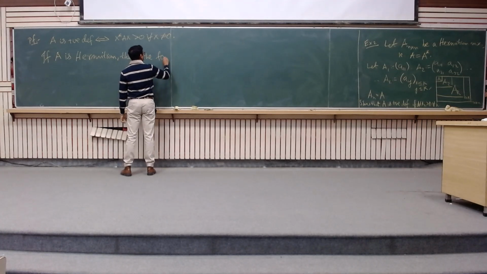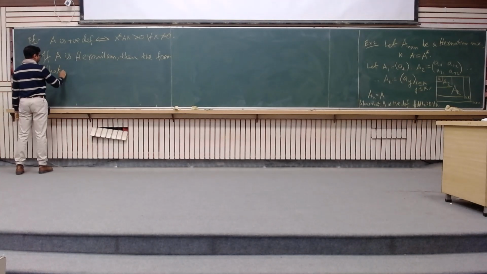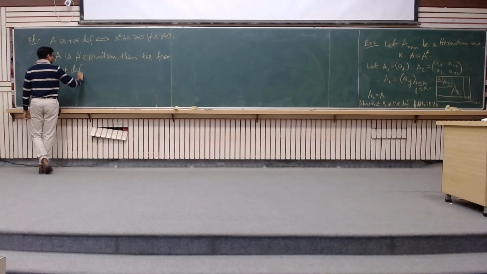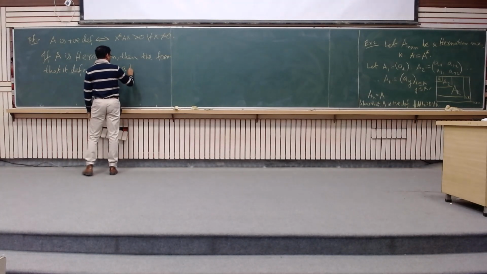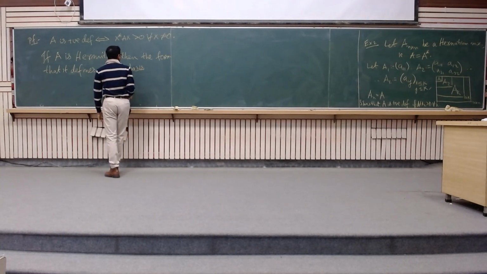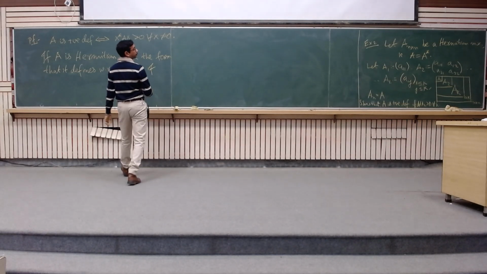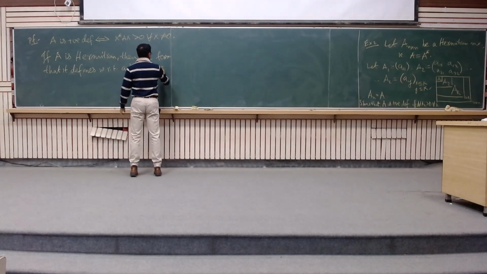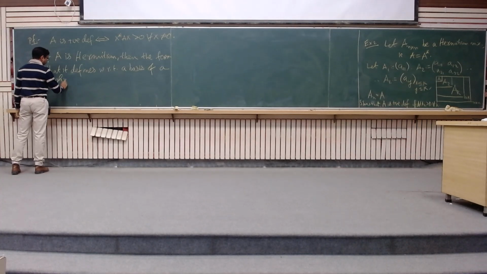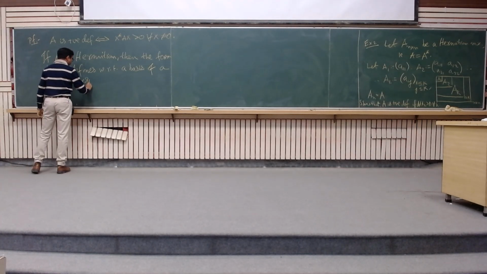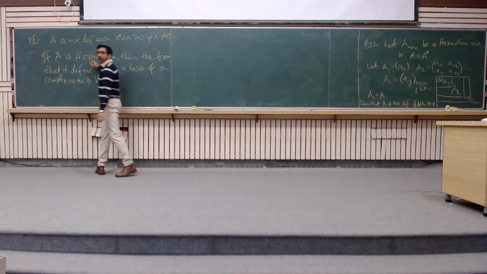So if A is Hermitian, then the form that it defines with respect to a basis. Now this could be any basis, okay? A basis of a complex vector space V is Hermitian, right?